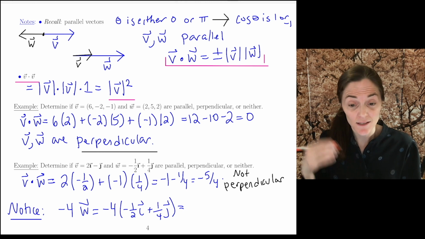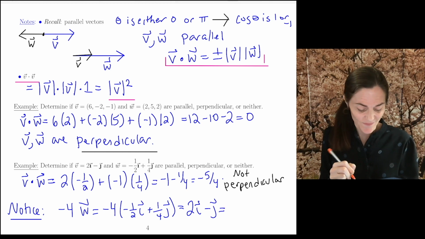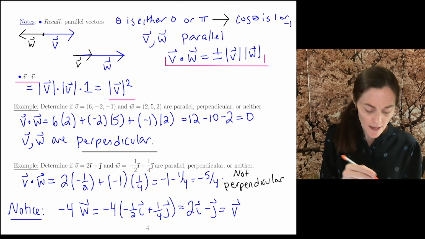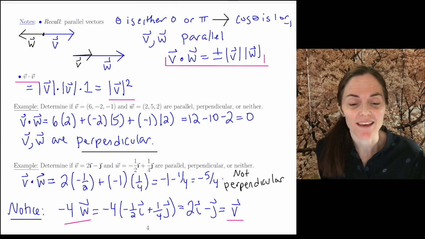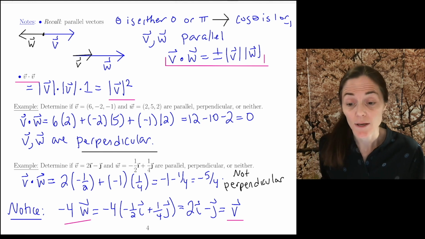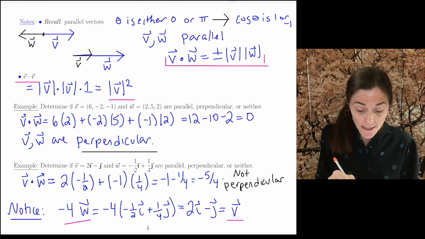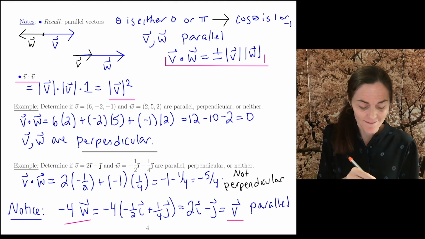And this is, let's multiply all this through, this is 2i minus j. This is V. Okay, so we found the relationship that you take minus 4W and you get V, or equivalently, you could take minus 1/4 V and you get W. And this says these vectors are parallel. This is the answer here.